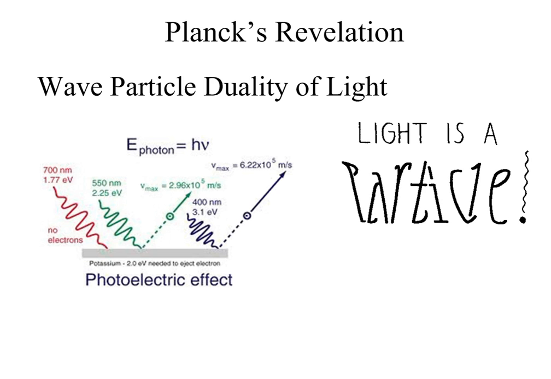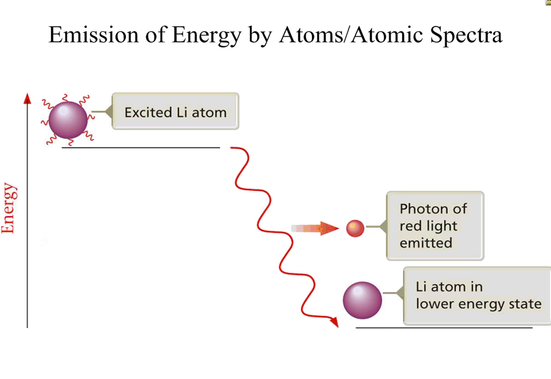Well, if we put energy into an atom, we can raise the atom up to an excited state. And what we find is that if we take a sample of atoms of a particular element and we add energy to those through heat or through electricity, those atoms will then come back down to the lower energy state, and in the process will release a photon, which is the particle part of the light, a photon of light.